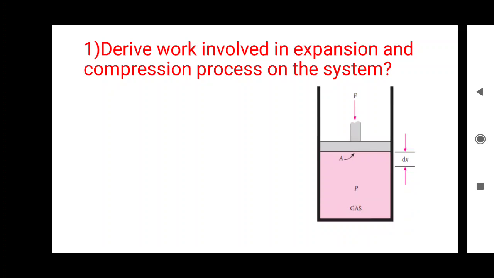The distance is very less. That's why W equal to minus, the negative symbol takes place because distance decreases. Final volume is less than initial volume. So W equal to minus F del X, change in volume del X. The distance decreases, that's why the negative symbol.